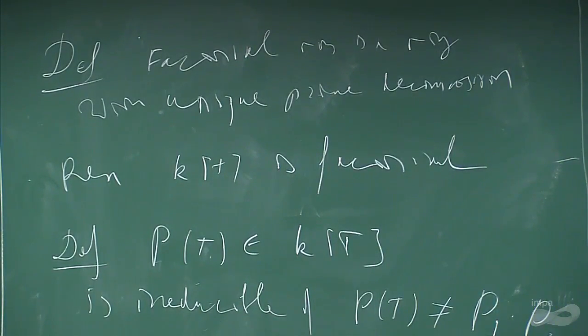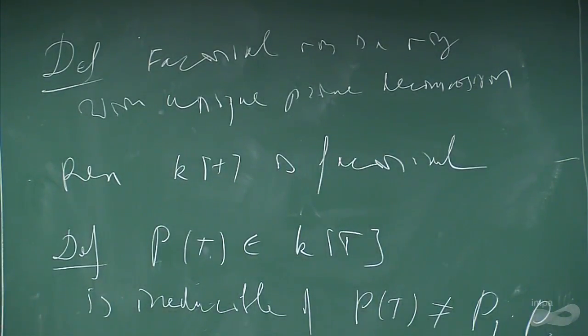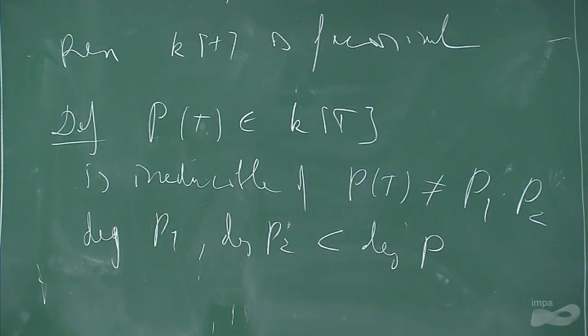And then this is something you know about prime numbers, but the proof is the same for polynomials. So is it a theorem or a proposition? Proposition.